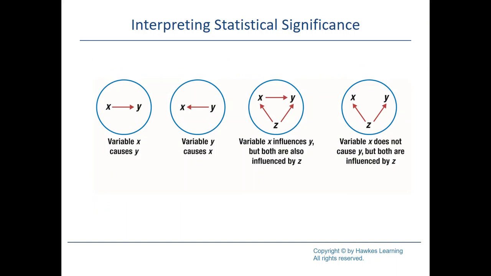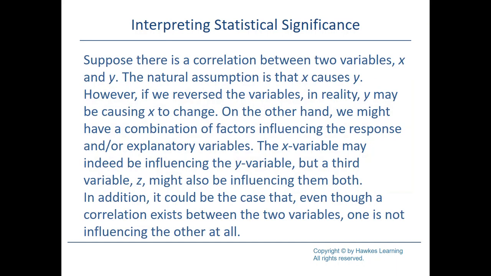We might have variable x causing y, or in reverse, variable y causing x. It could also be that x influences y, but they're both influenced by some other variable z. Or it could be that x doesn't actually cause anything to do with y, but both are influenced by z. So suppose there's a correlation between x and y, and we naturally assume that x causes y.